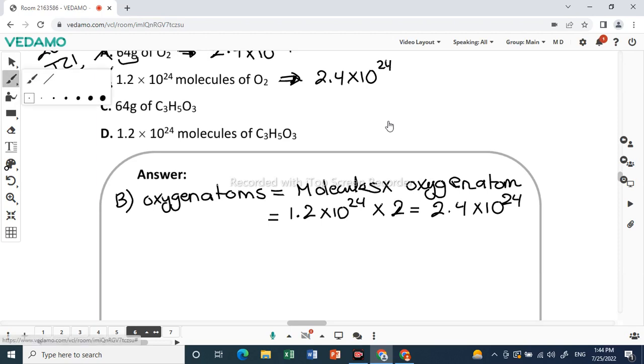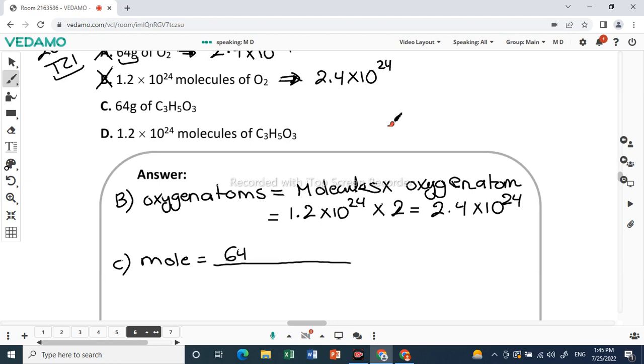In C, another time, we have the mass, so I need to start with the mole. 64, and I'm going to divide over the molar mass of the whole molecule given. Inside paper 1, we can take the numbers of the relative atomic mass as being rounded. So this is the 3 times the 12 from the periodic table, plus 5 times 1, plus 3 times 16.